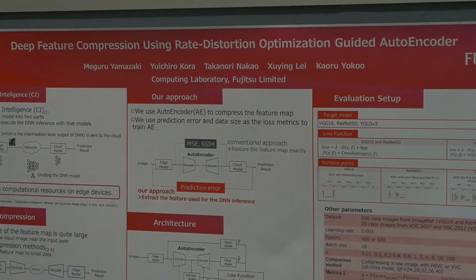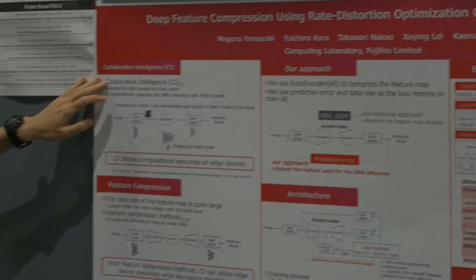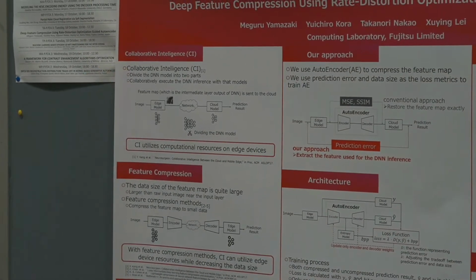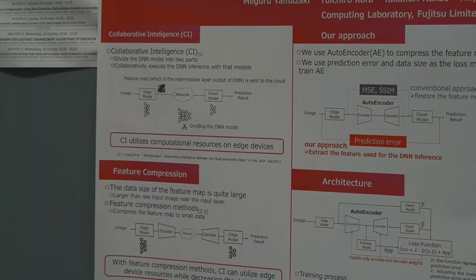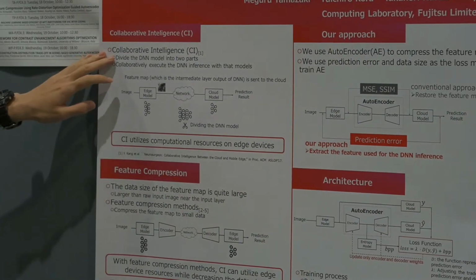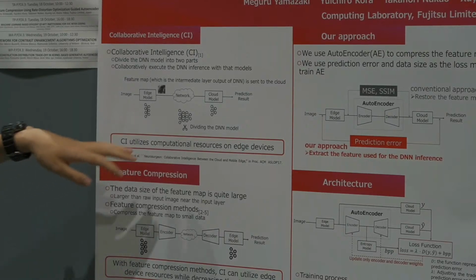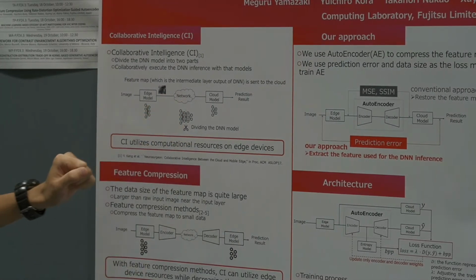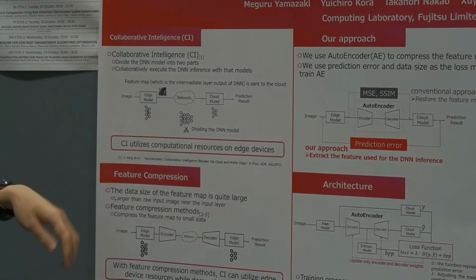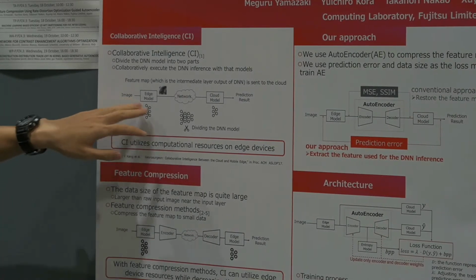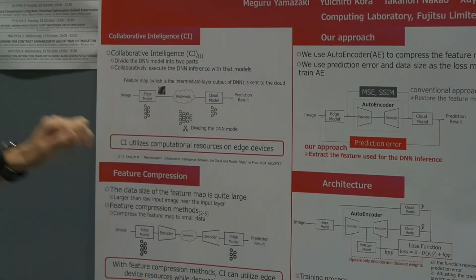First, collaborative intelligence was recently proposed to efficiently utilize computational resources on edge devices. To achieve this goal, the DNN model is divided into two parts and deployed on both the edge device and the cloud, respectively.